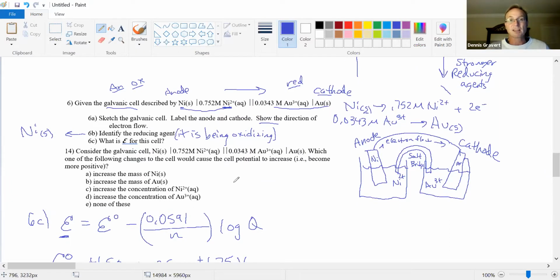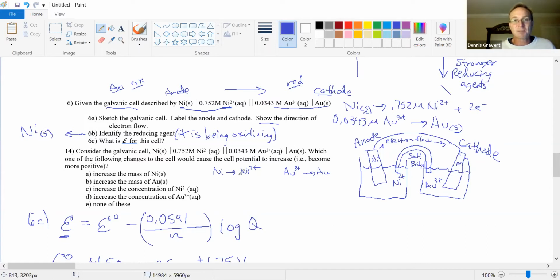Let's balance the reaction. Well, what are our half reactions? It's nickel going to nickel 2 plus, and gold 3 plus going to gold metal. First thing, check and make sure your atoms are balanced. Yep, I got one of each redox active metal. Good.